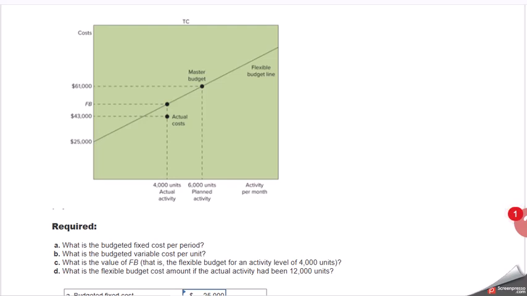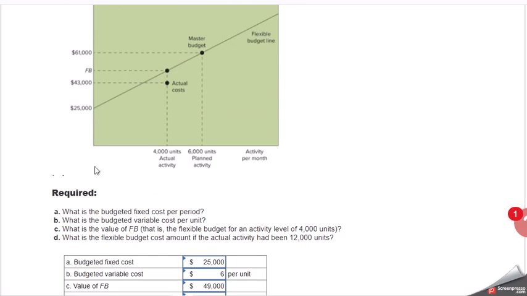So it's just the 25,000, correct? Yes, it's just right here. Even if we had zero production, the fixed cost would be 25,000. Then it increases based on that variable cost per unit.